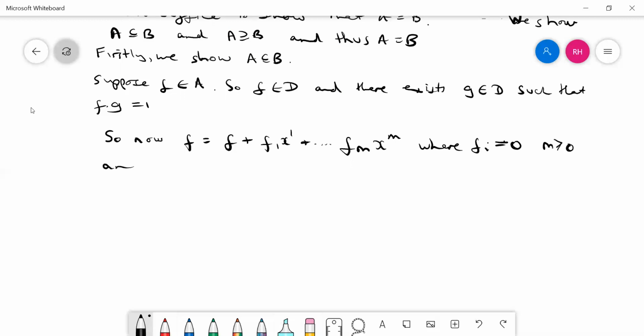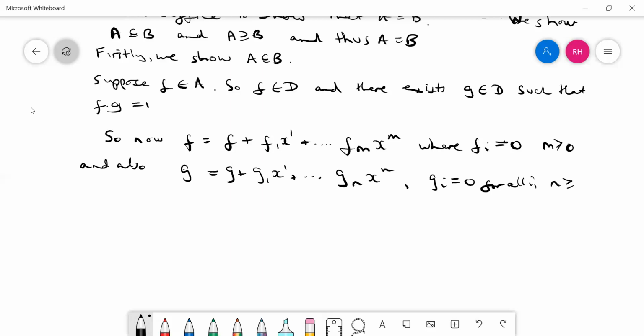And also G is the same as G0 plus G1 X1 plus dot dot dot plus Gn Xn, where the Gi's are all equal to 0 for all i, and n is greater than or equal to 0.